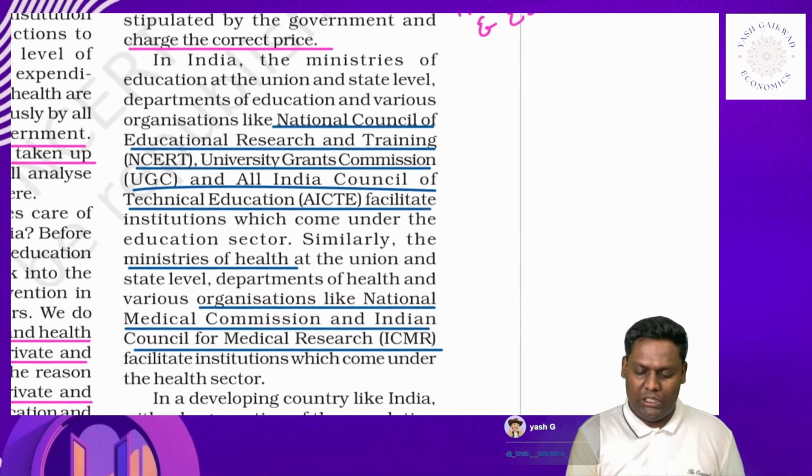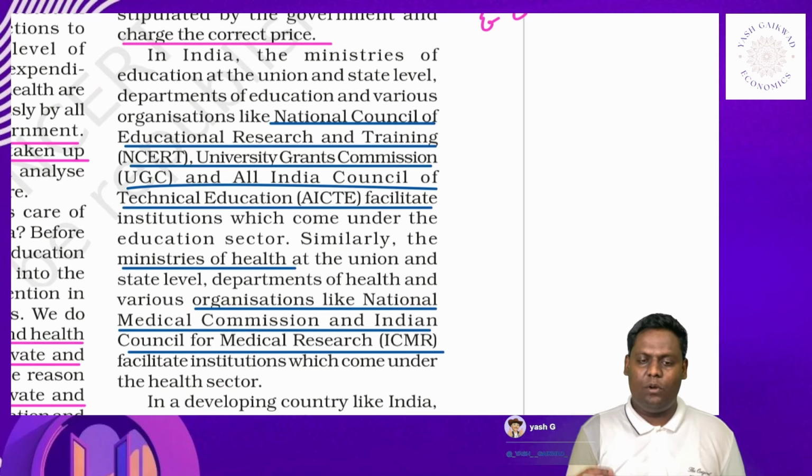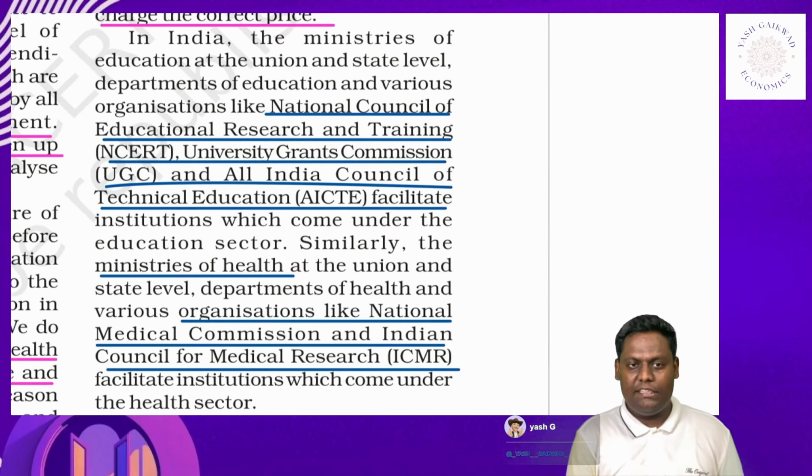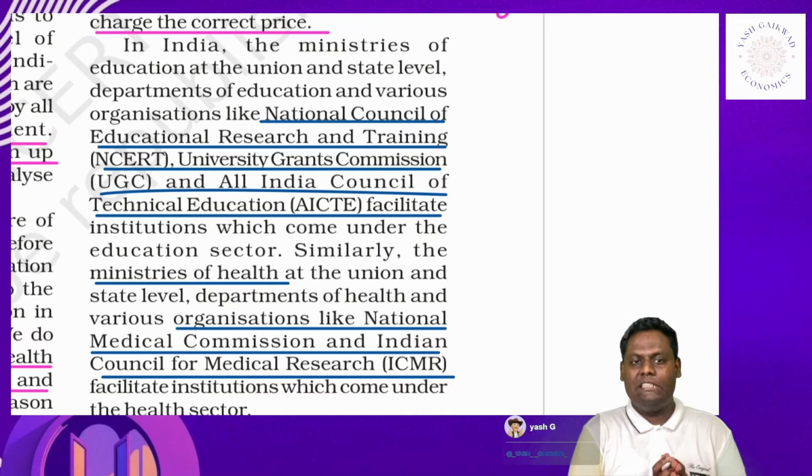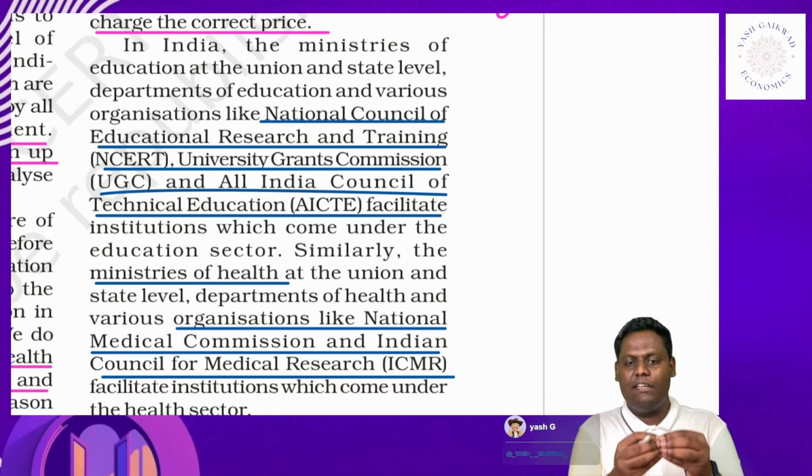Now, in order to ensure that there is proper quality of education provided, there are certain institutions that are formed in India. First being the National Council of Education Research and Training, popularly known as NCERT. NCERT designs various textbooks and curriculums to be taught at various schools, both private and government, and it provides the guideline as to what is the necessary knowledge or skill set that a child must have at a particular level of his education.